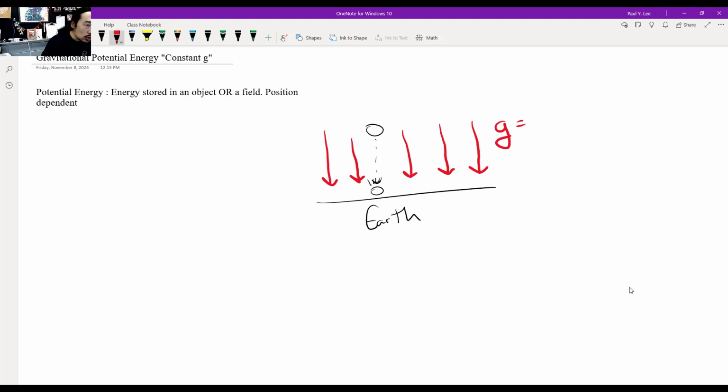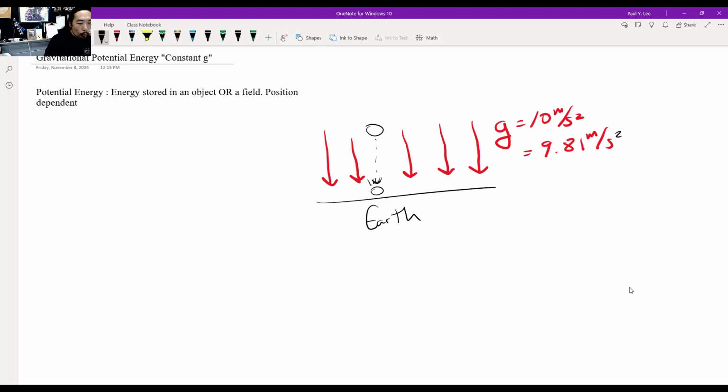In class we use 10 meters per second squared, but in the real world it's right around 9.81 meters per second squared. So that's the idea of the gravitational field. When an object is in a field, the field will pull it down. This is what we call the gravitational force. So when we say potential energy is stored in an object or a field, this is the field we're talking about. It's stored within this 9.81 meters per second squared.